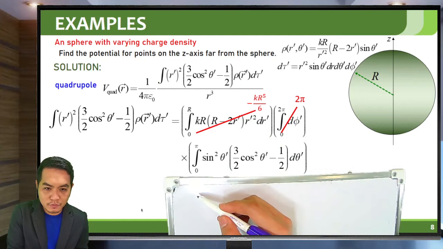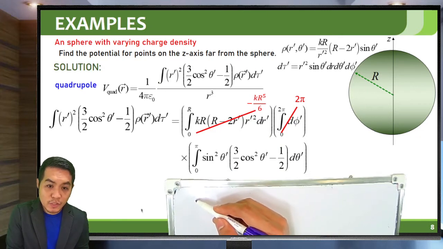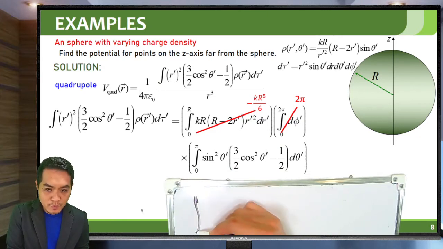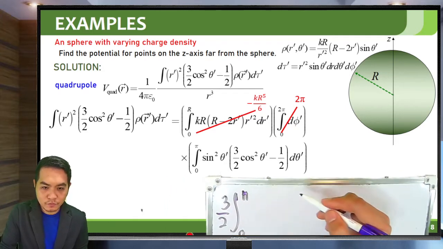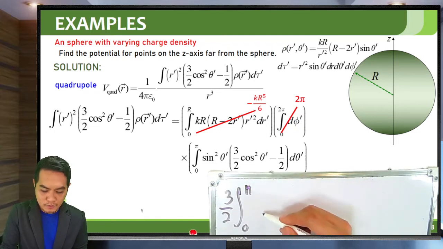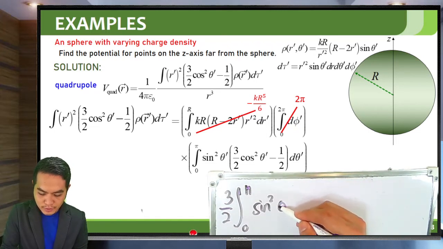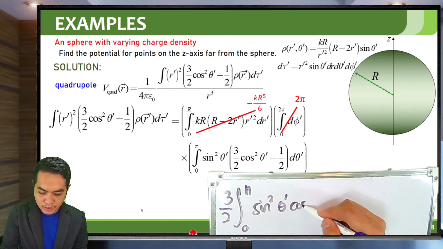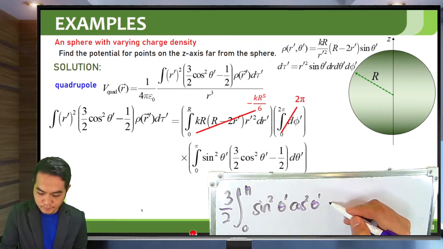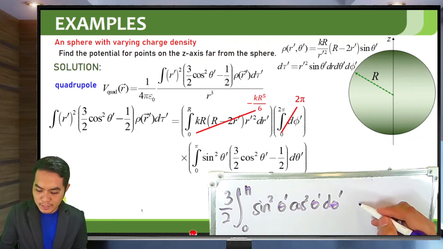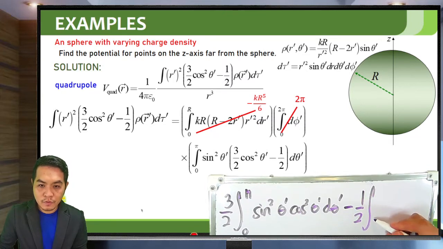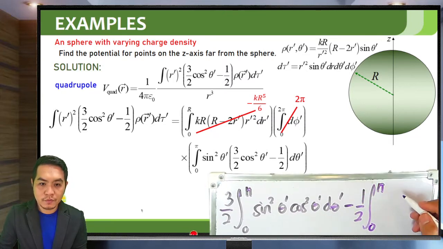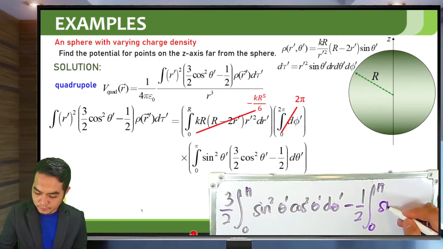First, you will notice that if you simplify this integral, you will actually get 2 integrals. The first integral will have a factor 3/2 from 0 to pi, and then you have sine squared theta prime cosine squared theta prime d theta prime, and the second integral will have a factor of 1/2 integral from 0 to pi, and then sine squared theta prime d theta prime.